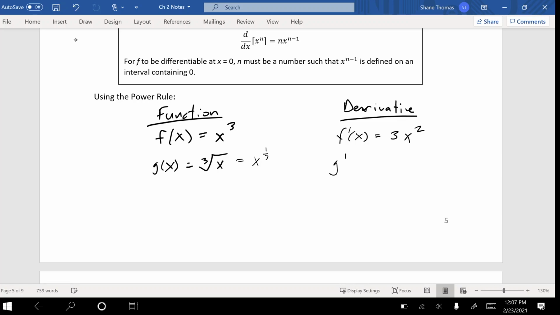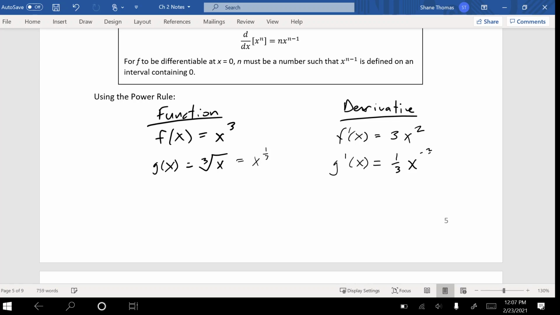So now I'm going to have g prime of x equals 1/3 out front, right? 1/3 x. Now what's 1/3 minus 1? -2/3.